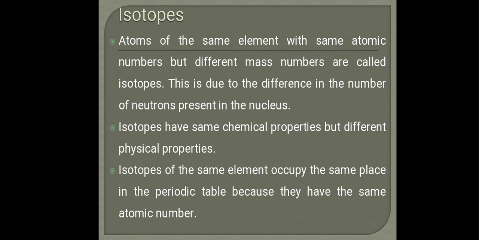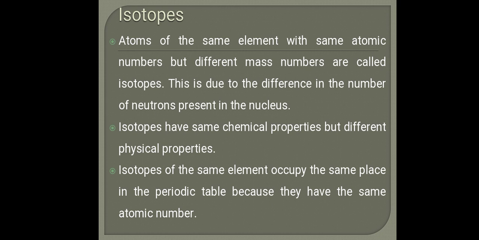Now the isotopes. Atoms of the same element with same atomic numbers but different mass numbers are called isotopes. This is due to the difference in the number of neutrons present in the nucleus. Isotopes have same chemical properties but different physical properties.